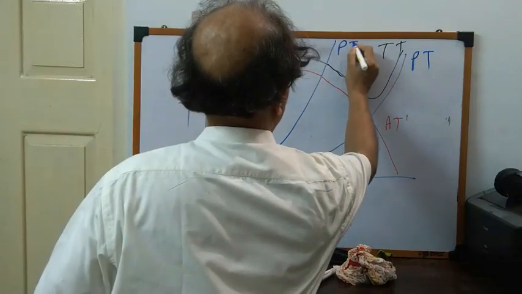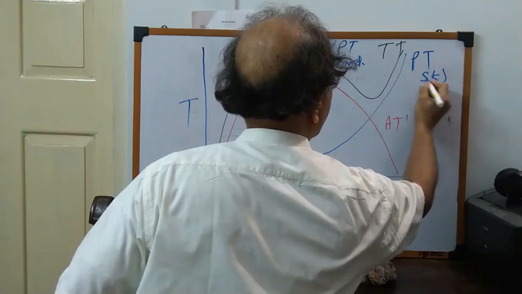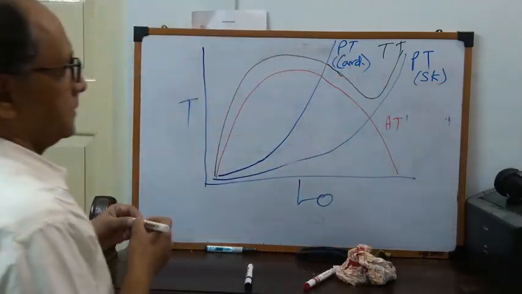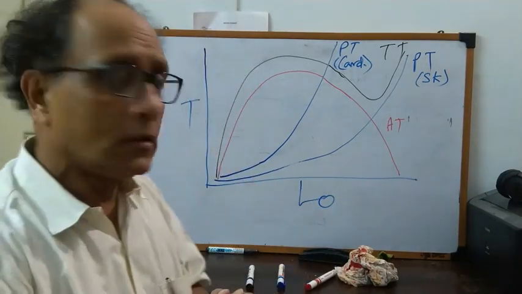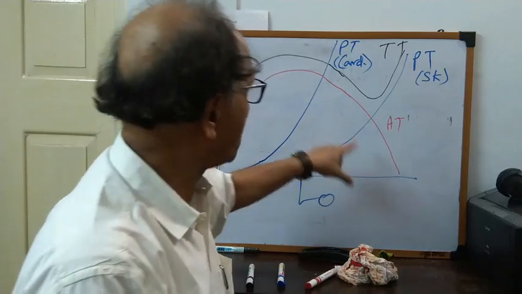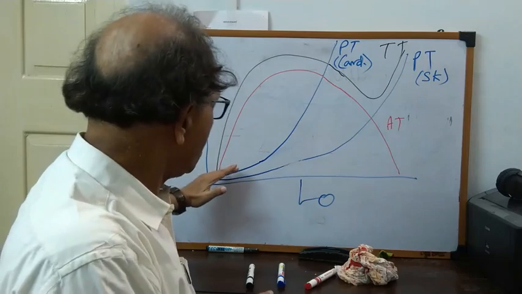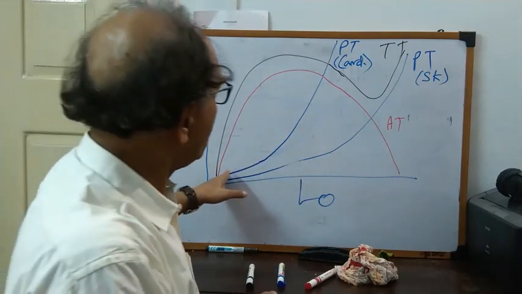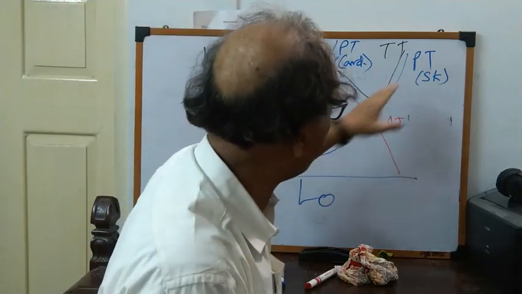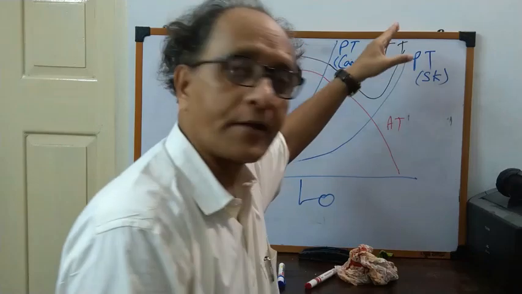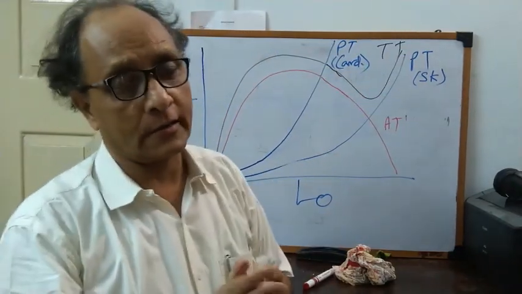So this is the passive tension curve in case of cardiac muscle, and this is the passive tension curve in case of skeletal muscle. What I told you is that the passive tension curves of skeletal muscle and cardiac muscle differ. The passive tension curve of the cardiac muscle is steeper, rising much earlier, whereas the passive tension curve of skeletal muscle is much flatter and rises much later.